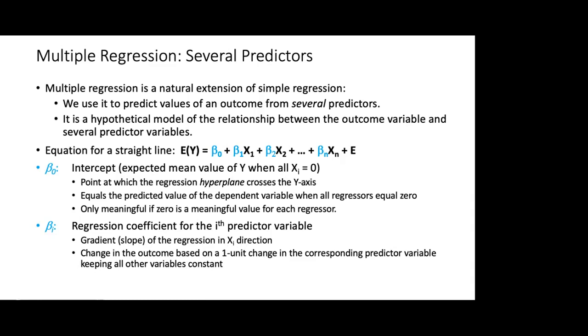So it means if you change your predictor by 1 unit, how many units does your outcome variable, your y value, change? And the condition is that all other predictors are kept constant. Yeah, so that is how we interpret our regression coefficients. You can interpret it very much like a slope in simple regression, but the condition is that all other predictors are kept constant.